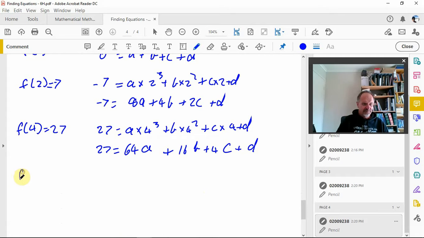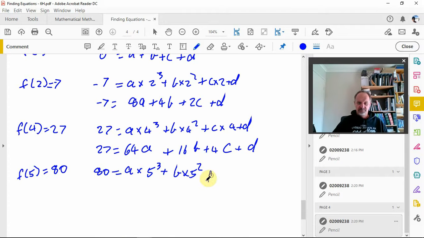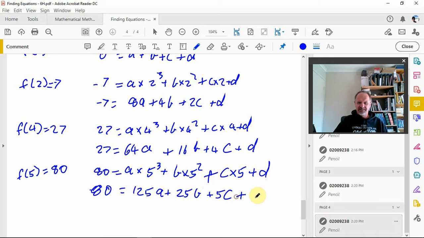So f of 5 is equal to 80. So 80 equals a times 5 cubed plus b times 5 squared plus c times 5 plus d. So 80 equals 125a plus 25b plus 5c plus d.